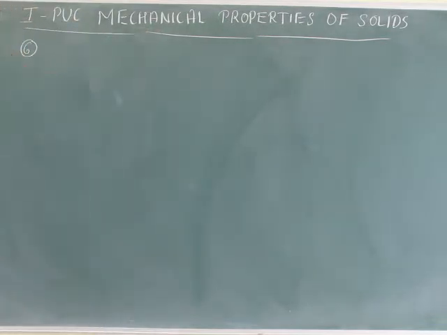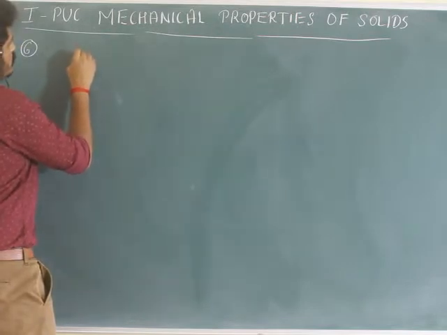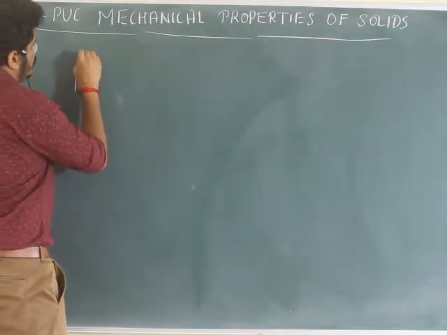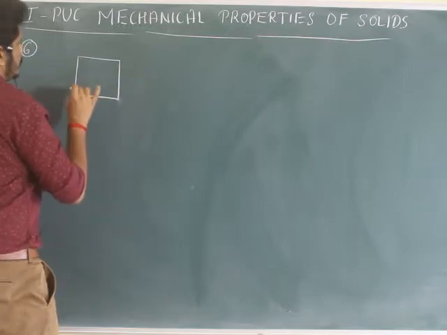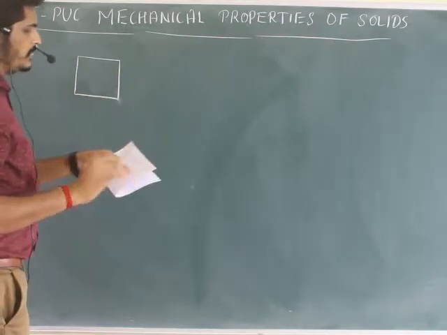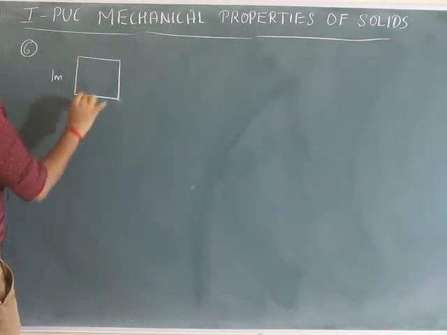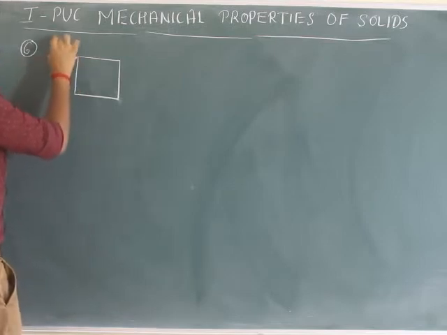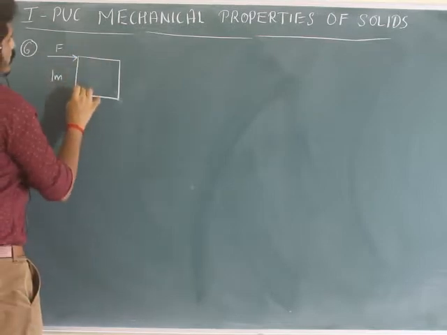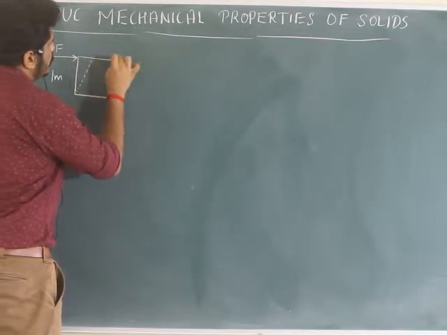Okay, so let me draw the diagram. This was the cube initially, and it is of side 1 meter. A tangential force, the deforming force, is applied. What happens? It slightly bends, right?